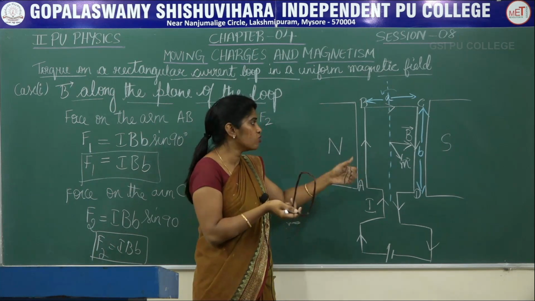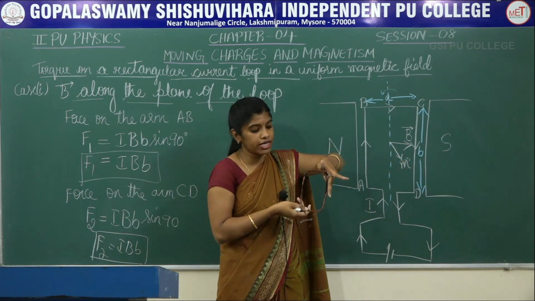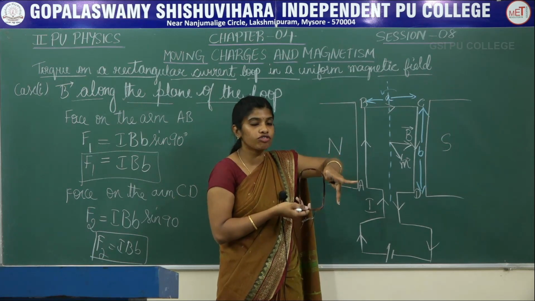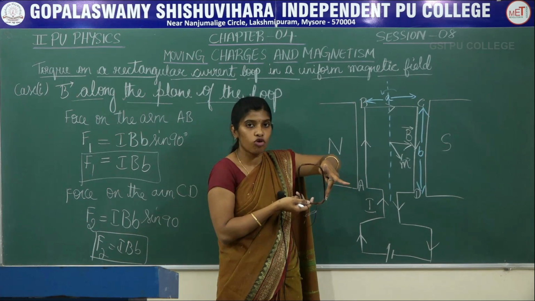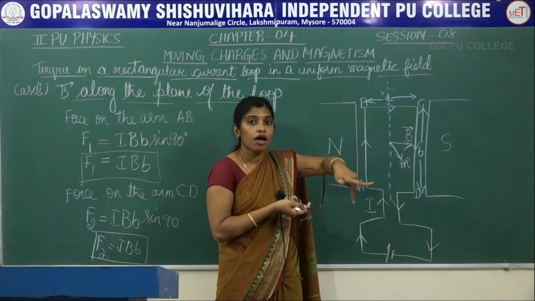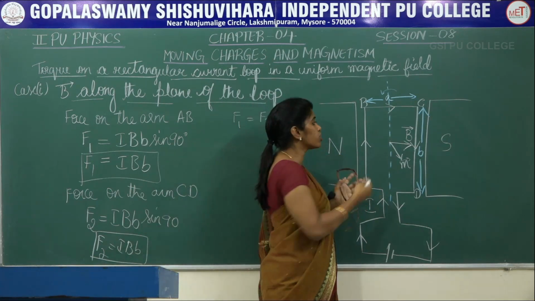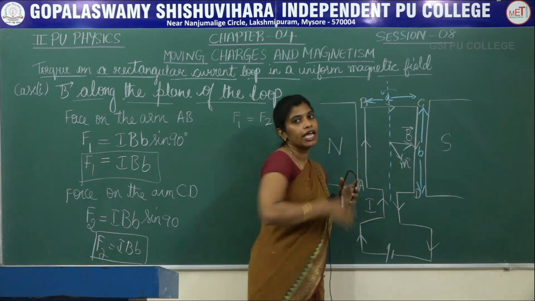The force is inwards. In case of CD, the direction of current is downwards. The direction of the magnetic field is represented by the forefinger. Then you can see the thumb is pointing outwards. Therefore, the force F2 is acting outwards and this force F1 is acting inwards.